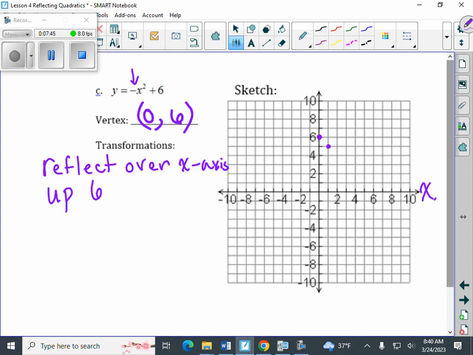The normal pattern is 2 spaces to the right and 4 up. We're going to flip it. So it's going to be 2 spaces to the right and 4 down. 1, 2, 3, 4. And it's the same pattern on the other side. 1 space to the left, 1 down. 2 spaces to the left, 4 down. And here's our quadratic.